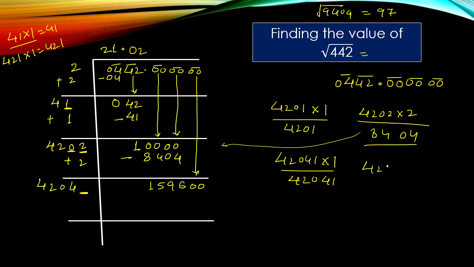So 4204 3 multiplied by 3: 3 3s are 9, 4 3s are 12, carry 1, 0 3s are 0 and 1 is 1, 3 4s are 12. So we get 126329. Now this is close to the upper number, and we can subtract.